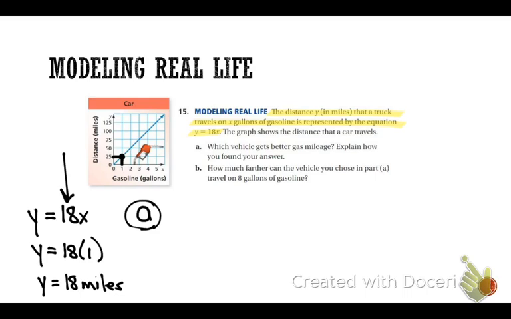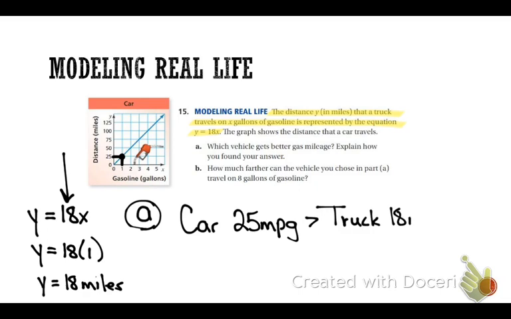On A, you would say the car at 25 miles per gallon is greater than the truck at 18 miles per gallon. You see, guys, how I'm not just saying, oh, the car is more. I'm specifically saying, I know how much the car gets and I know how much the truck gets per gallon, because I tested that value. And that's my explanation. That's how I found my answer.